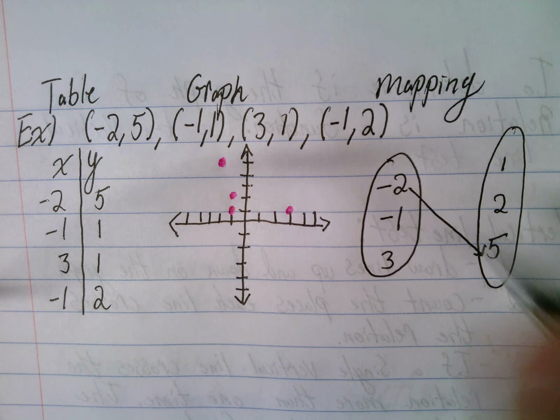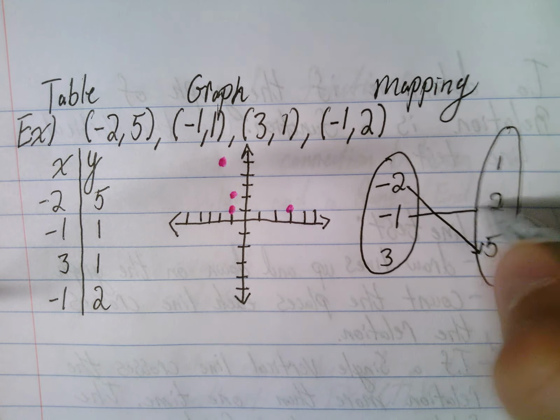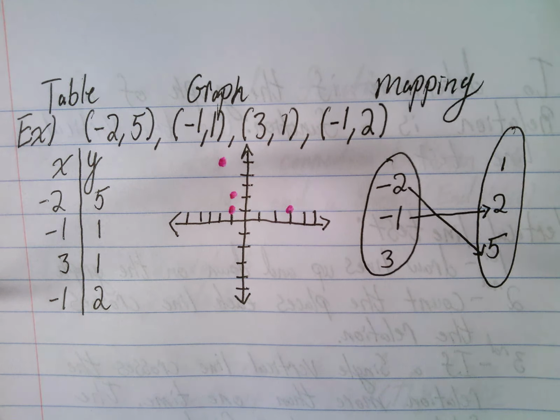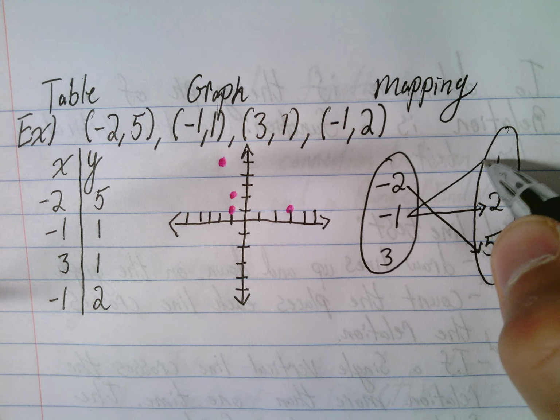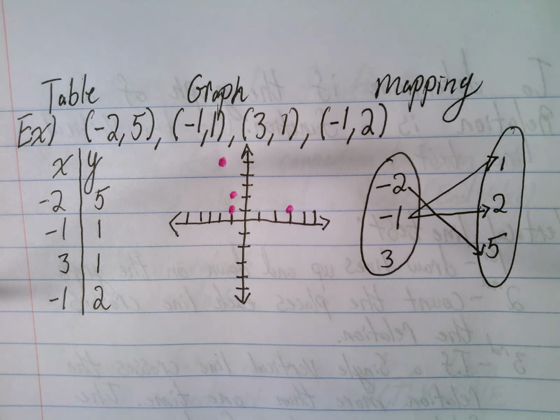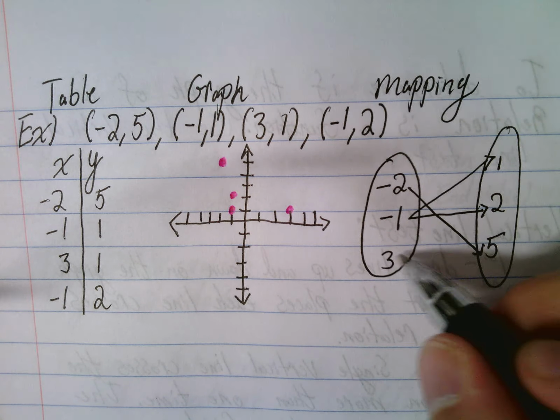Negative 1 goes with 2. What else do we know? Where else does negative 1 go? It also goes to 1. Where does 3 go? It also goes to 1.